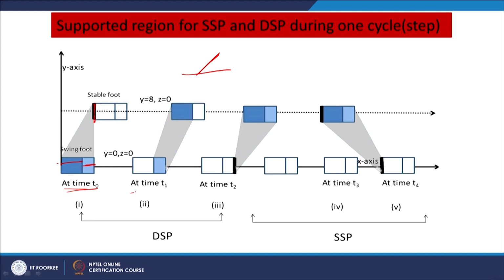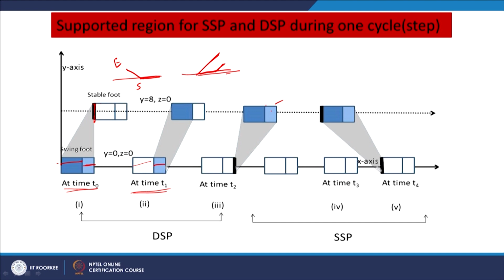Then at time instant t1, only the toe portion of the swing foot is coinciding with the ground and the remaining portion is lifted above. This portion is on the ground and the S to E portion is lifted here. At the same time, for the stable leg, most of the portion has come to the ground and only the toe portion is lifted, and in the next instant the entire stable foot is on the ground.